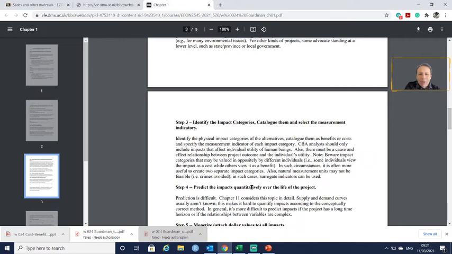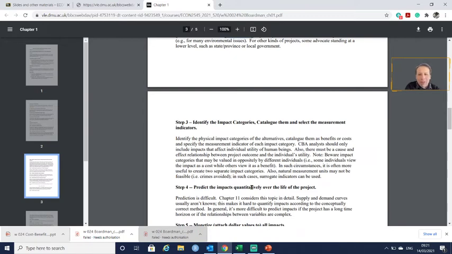So there must be a cause and effect relationship between a project outcome and the individual's utility. Yes, so be aware that the impact categories may be valued in opposite ways by different individuals.